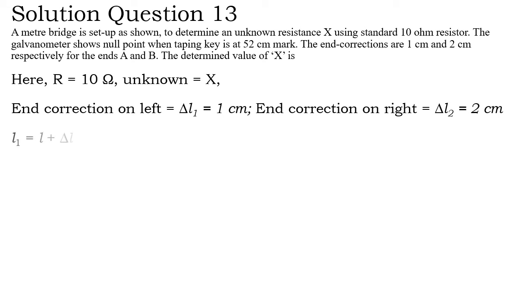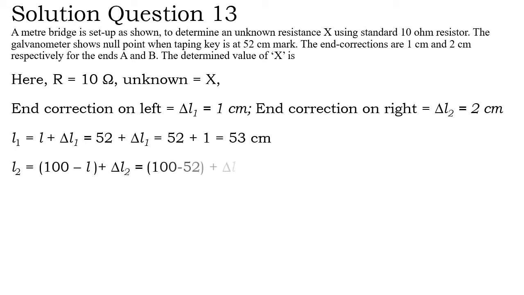So hence we can say length L1, on the left hand side, becomes L plus delta L1. Thus it becomes 52 plus delta L1, which is 52 plus 1, which is 53 centimeter. Similarly, length L2 is the length pertaining to the right side of the balance point.